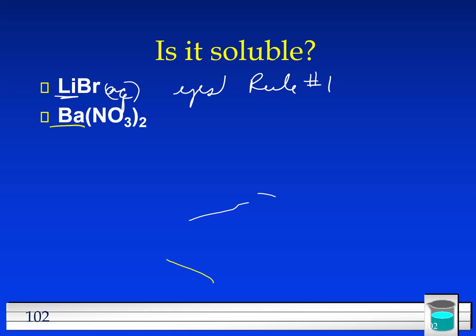So now I got to worry about the negative piece. NO3. NO3 is nitrate. What does the rule say about nitrates? Rule number 2 says nitrates are soluble. Okay. So according to rule number 2, this is going to dissolve in water.